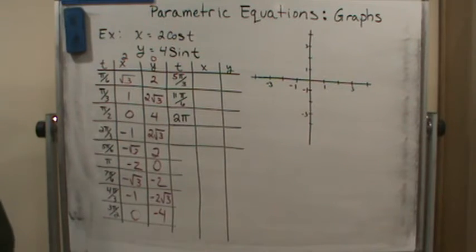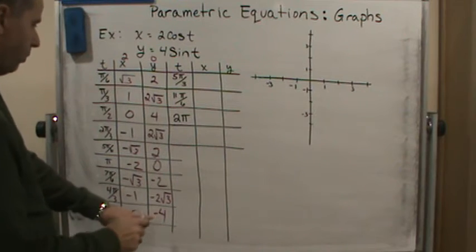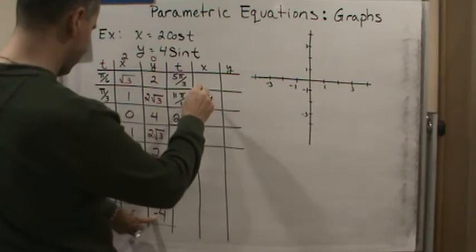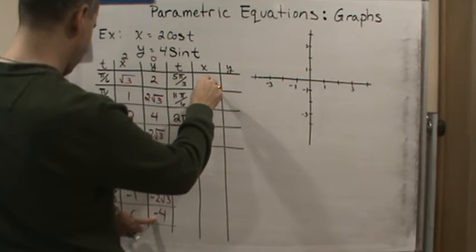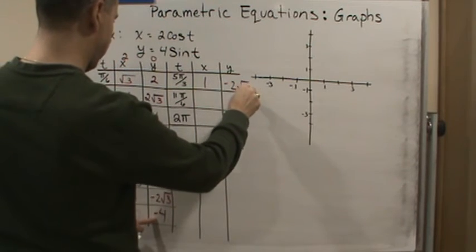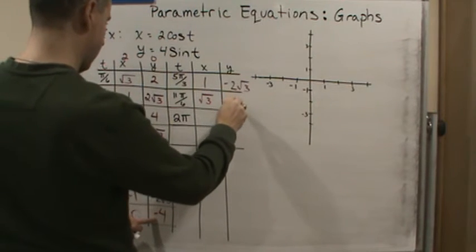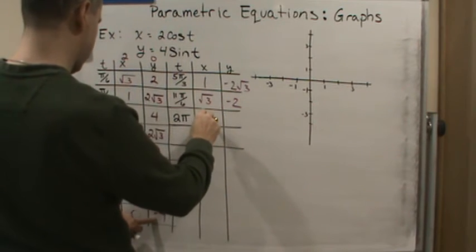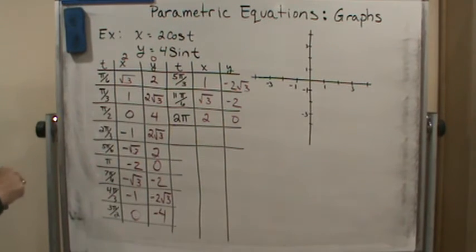Okay? Now we're in the fourth quadrant where cosine is positive, sine is negative. And now it's going the other way. So now it's going to go positive 1, negative 2 root 3, and then it's going to go positive square root of 3, negative 2, and then it's going to go positive 2, 0, right back to where we started from.